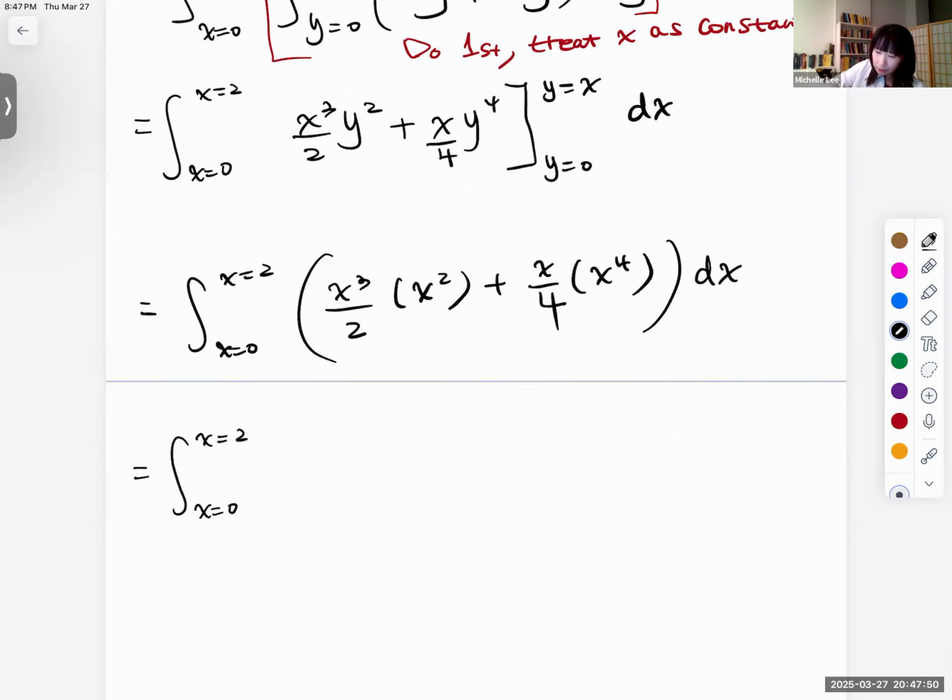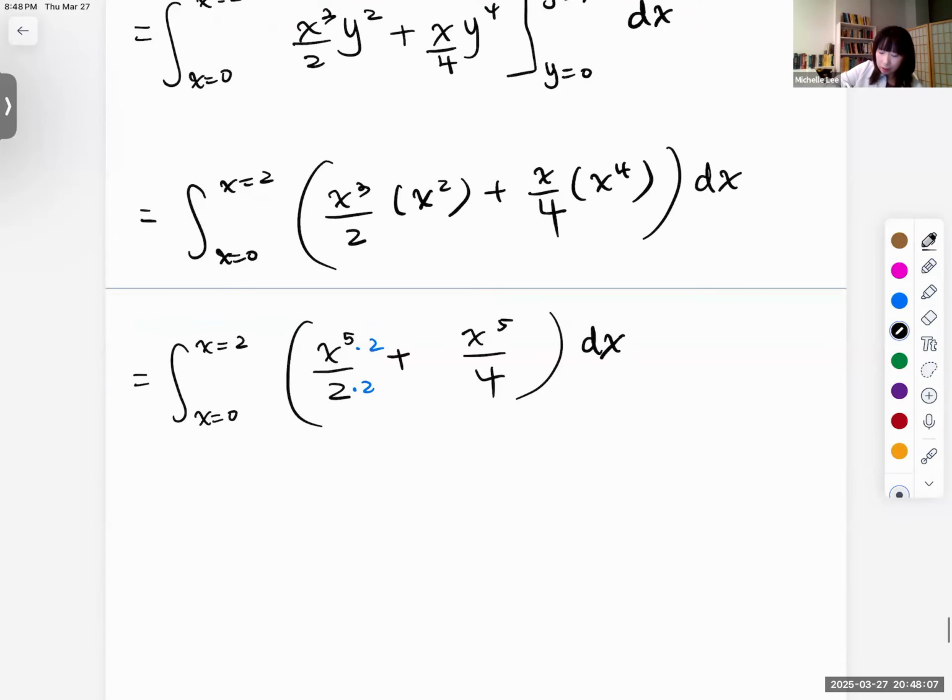We have x to the fifth power over 2 plus x to the fifth power over 4. Combining like terms, we have 3 x to the fifth power over 4, dx.